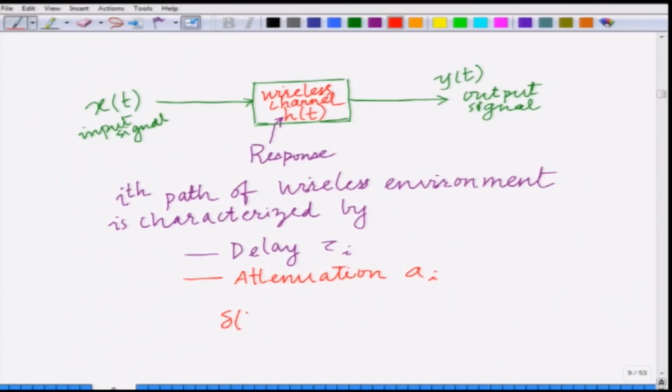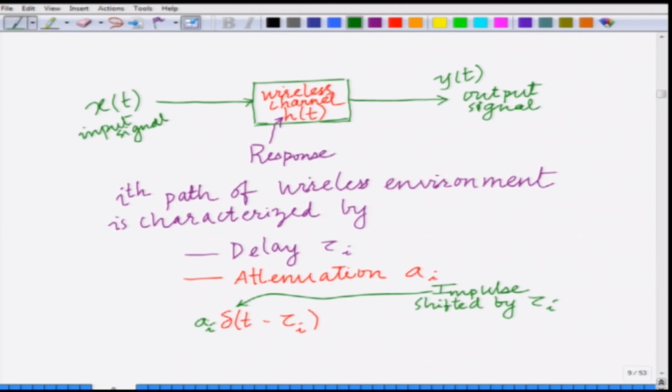From the perspective of signals, a system which delays a signal by tau_i can be modeled as delta(t minus tau_i), where delta is the Dirac delta function, or the impulse shifted by tau_i, and this is multiplied by a_i, which is the attenuation.